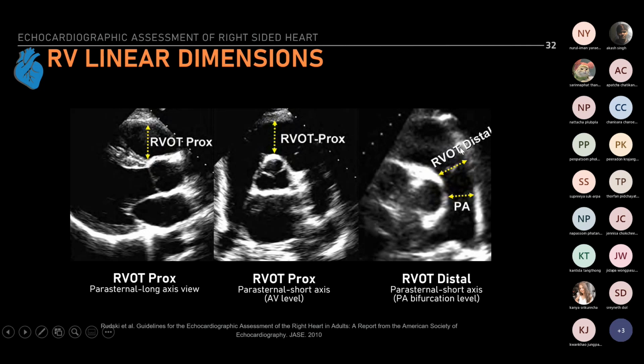Distal RVOT is measured just proximal to the pulmonic valve, and can be measured at parasternal short axis at the aortic valve level at this point, just proximal to the pulmonic valve. This measurement, RVOT distal, is used to calculate pulmonary flow to systemic flow, or Qp/Qs.